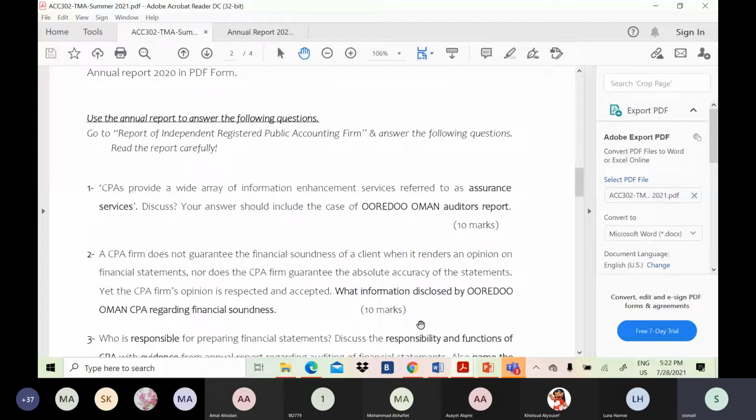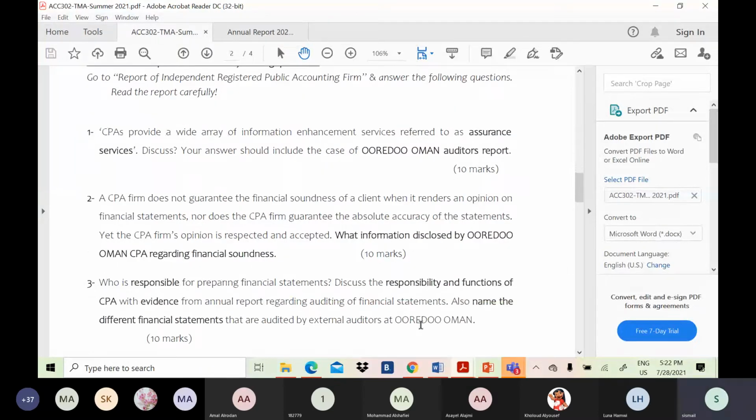اوكي يا دكتور. طيب، what else؟ ايه السؤال الثاني؟ يلا نروح for the second question. He said, a CBE firm, remember this is introduction, a CBE firm doesn't guarantee the financial soundness, like without any error or fraud, in the financial statement of a client when it renders an opinion on the financial statement.